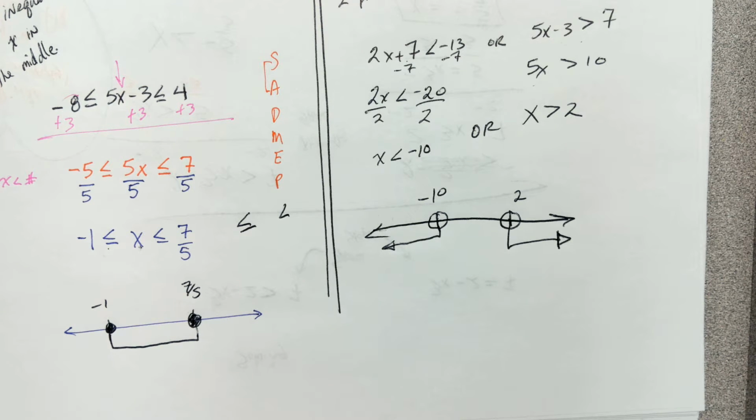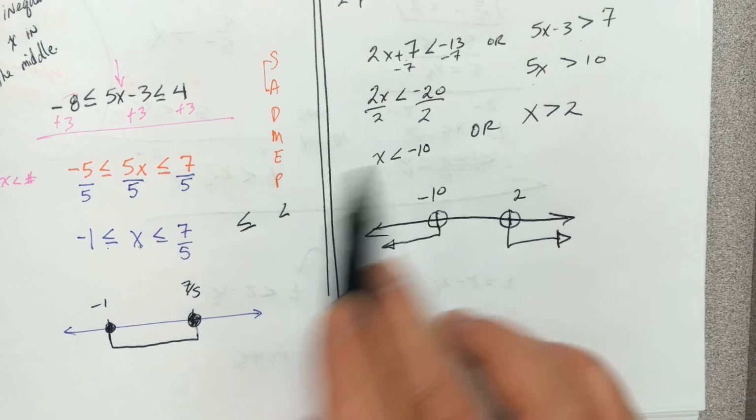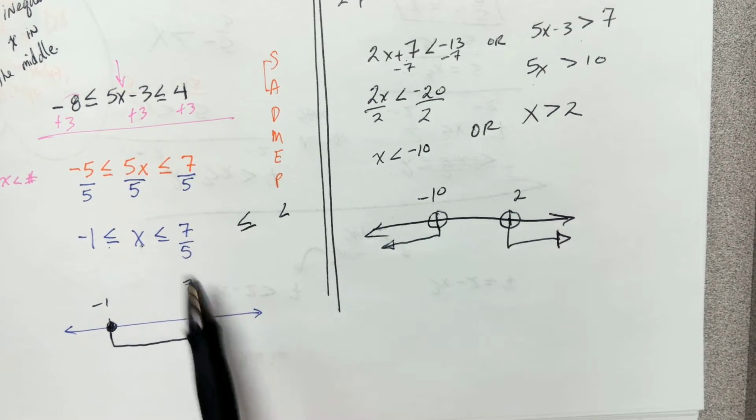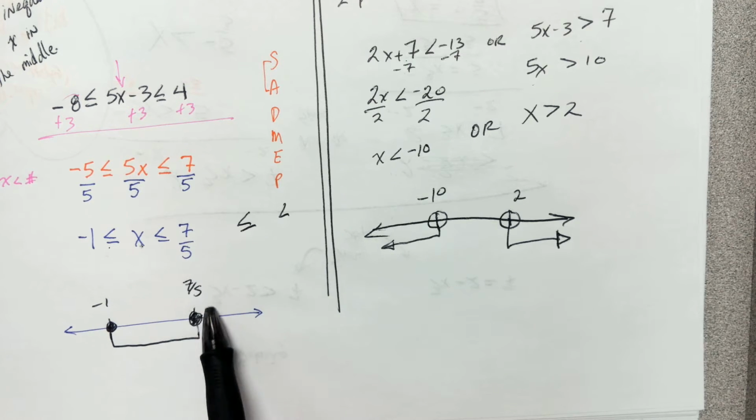So what's tricky about these? For me, it's always been, is it a dot or is it a circle? Circle means it's not equal, but dot means it could be equal, like that number is part of it.